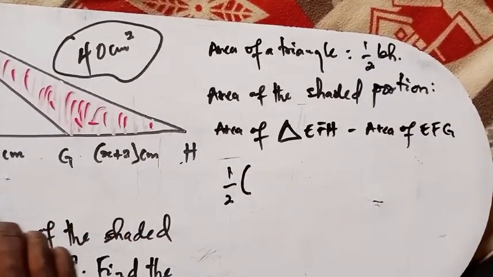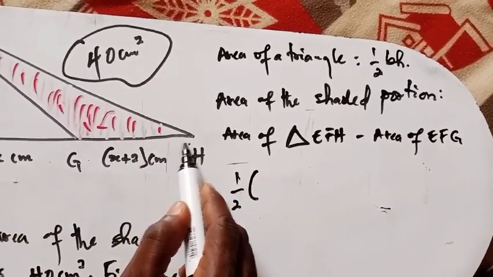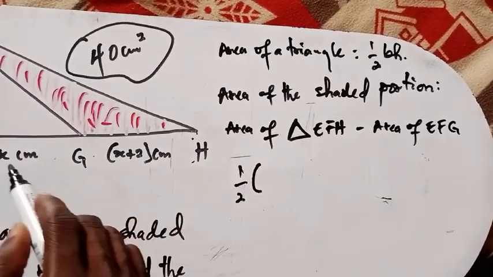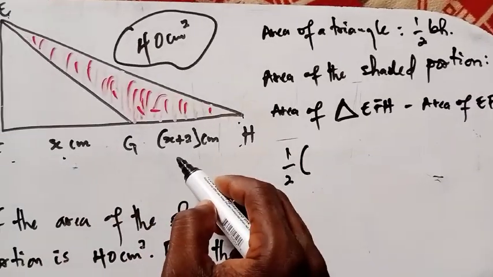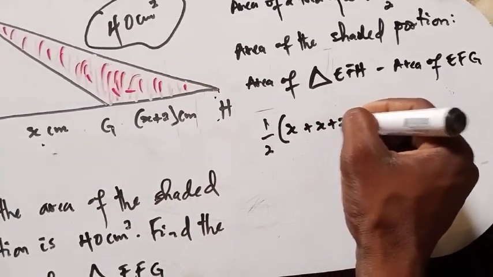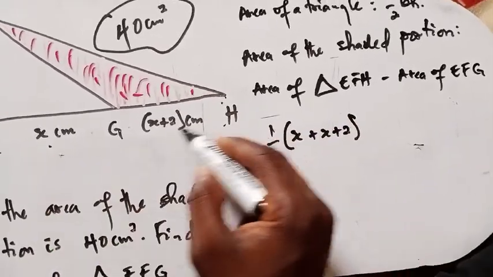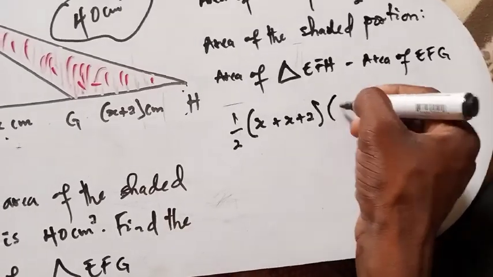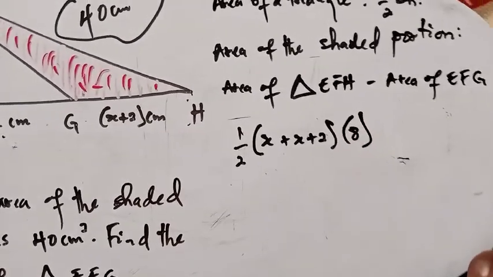Everything down here, from here to here, is going to be our base. So we have x plus 2, right? Is that okay? So everything down is going to be our base, multiplied by the height, that is 8 centimeters. Is that okay?